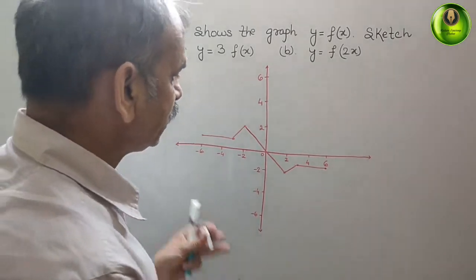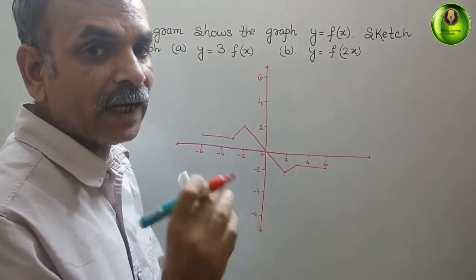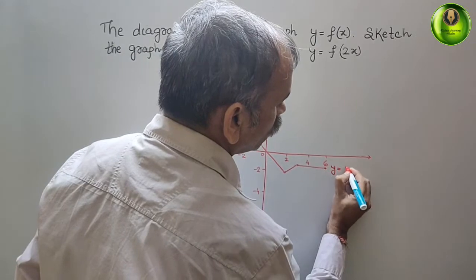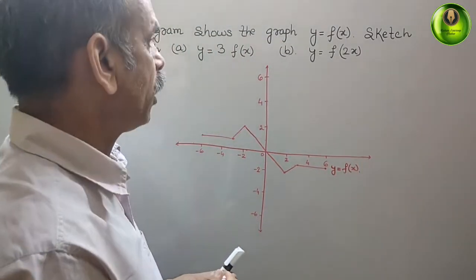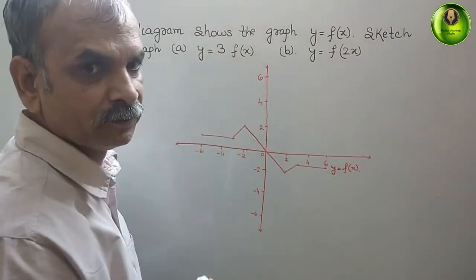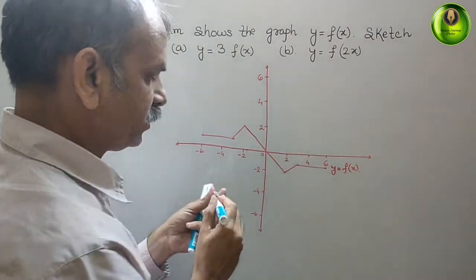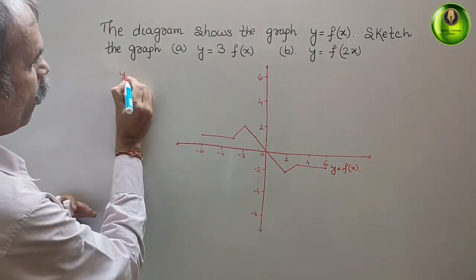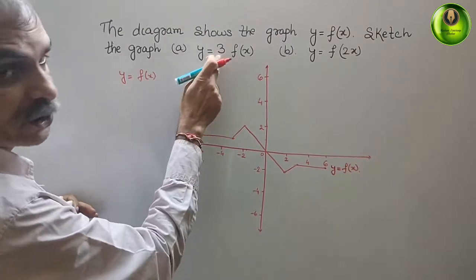See this. This is your original graph, that is your f(x). So we can say this is y is equal to f(x). Now see this, y is equal to 3f(x). What does it mean? They have given a 3 in front.